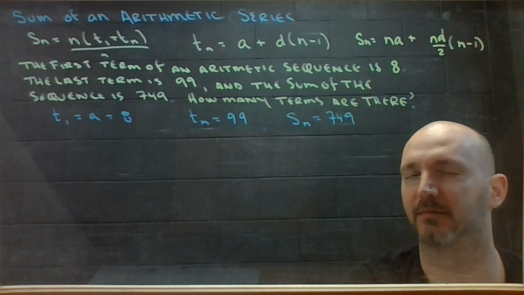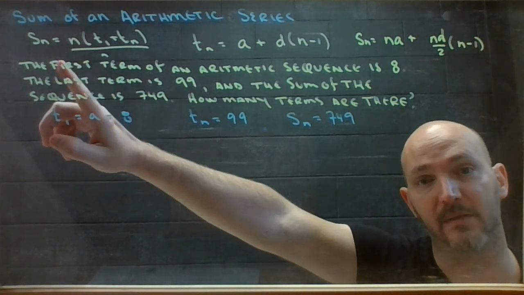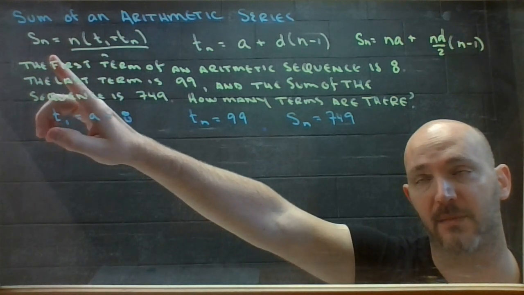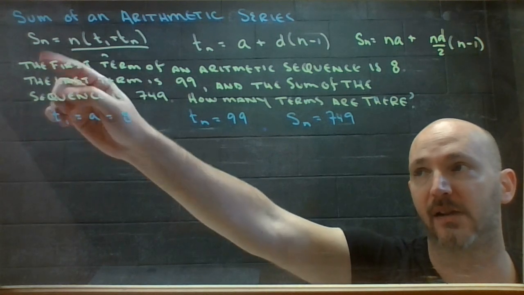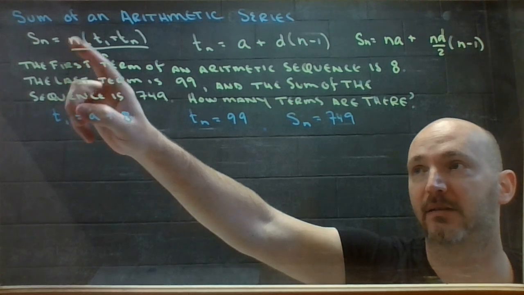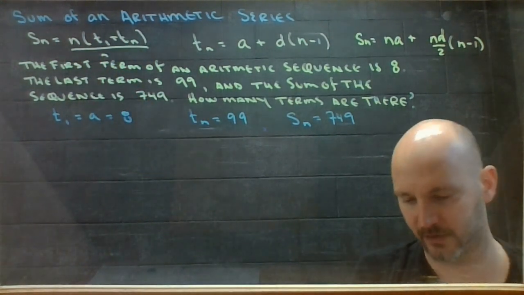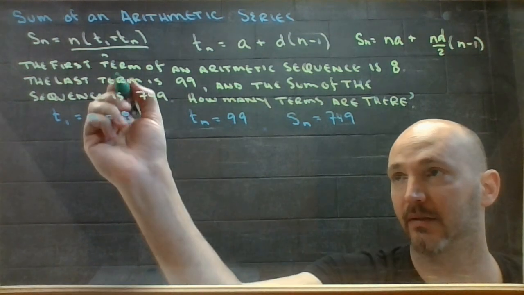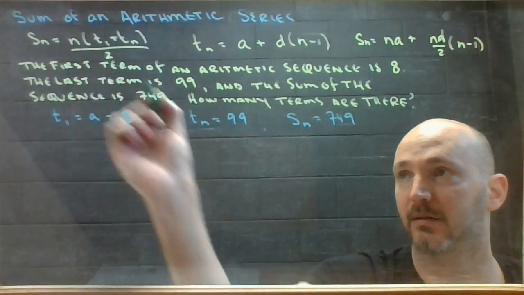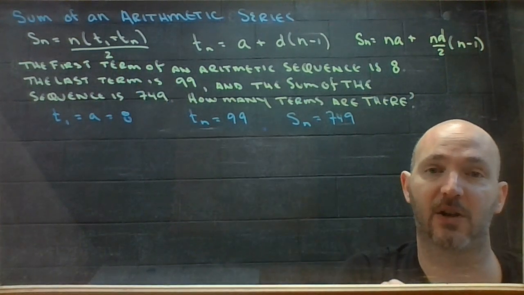I don't want to do that. So I'm going to go look at my other sum of a sequence, or sum of a series formula. I have Sn. I need that. I have term 1, I have term n, and 2, which has been erased there. It's just 2. So I have enough information to actually solve it with that one.